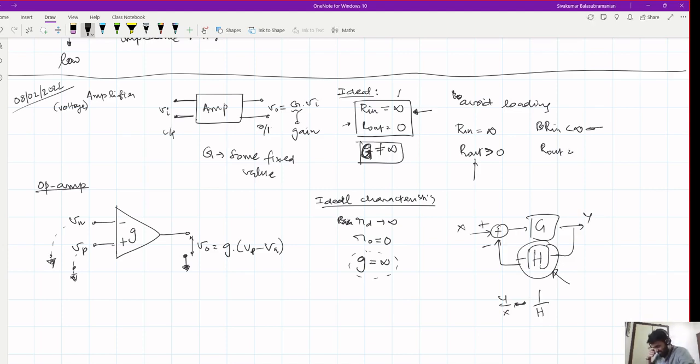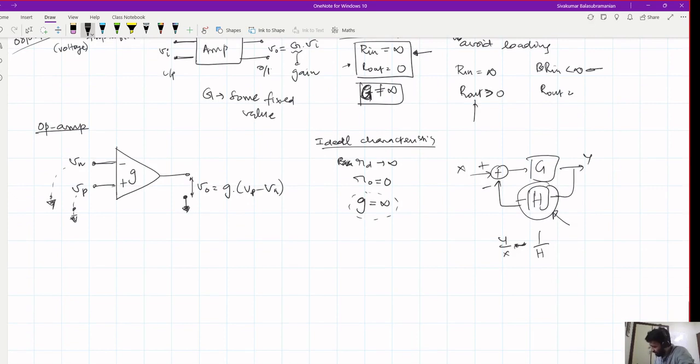Right? If that is the case, then if your G is infinite, then by building feedback circuits with the op amp, the input output characteristics of that circuit will only depend on the components that are connected outside the op amp and not on the op amp itself.